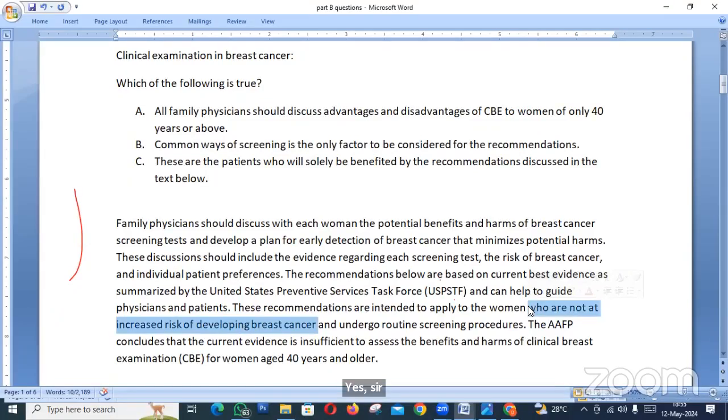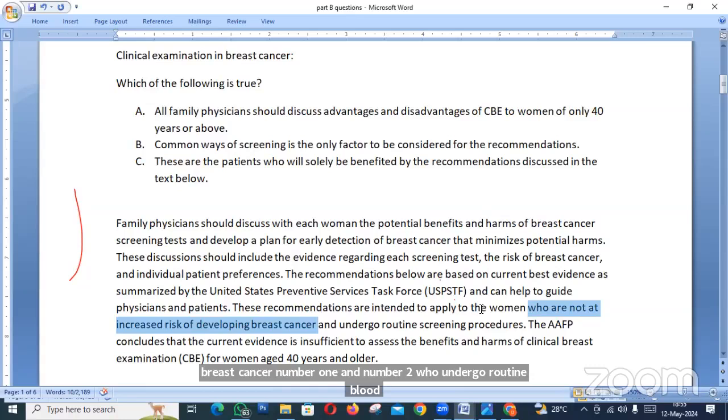Anyone still has any doubt? I have answered for the specific woman. Number one, who are not at increased risk of developing breast cancer. Number two, who undergo routine screening procedures.